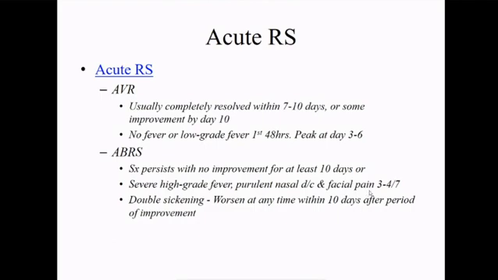Or you can have what we call double sickening. At the beginning it's steady, they are okay, it's not that bad, it just stays steady, but at one point within 10 days it worsens. So they suddenly develop high-grade fever, cough, and so on.